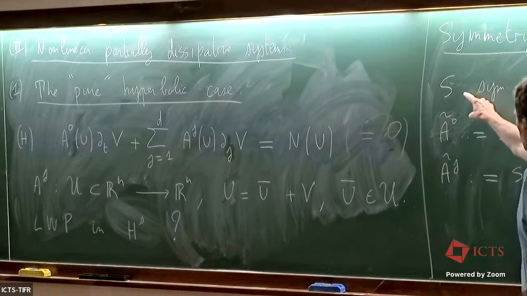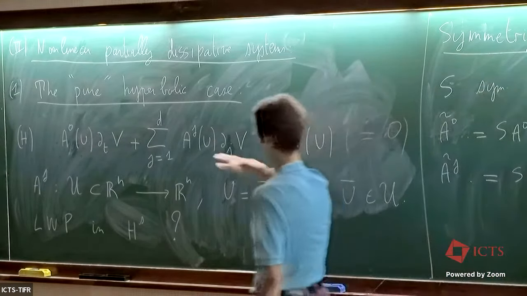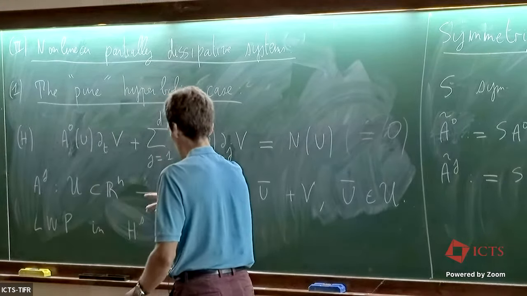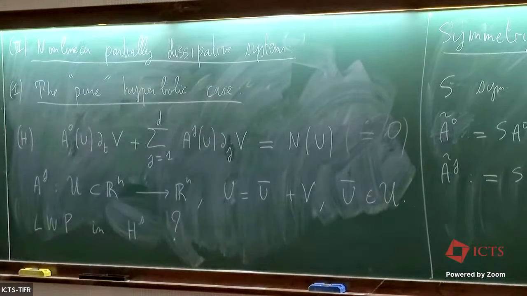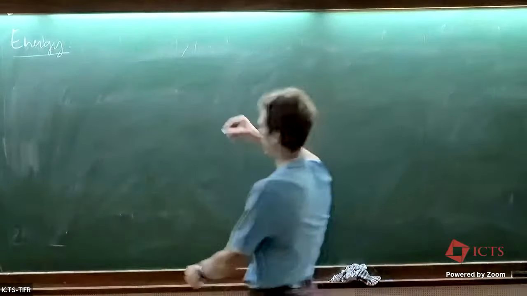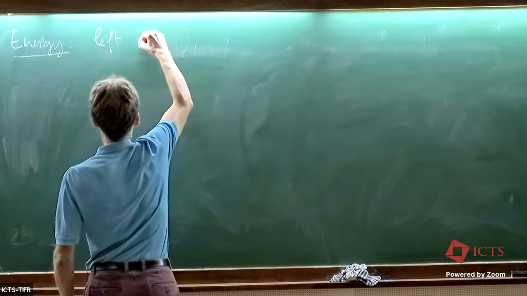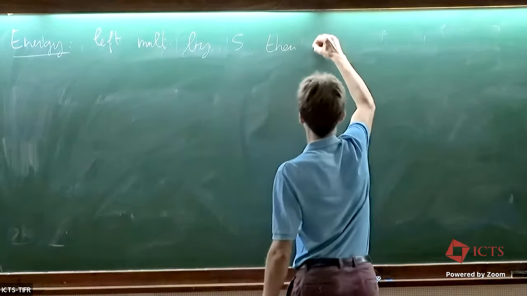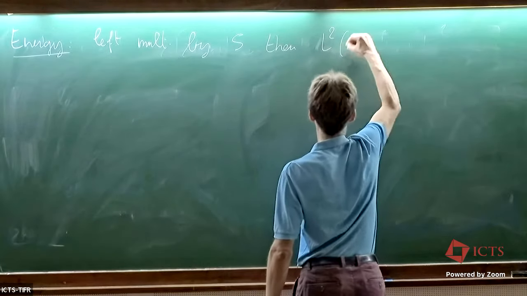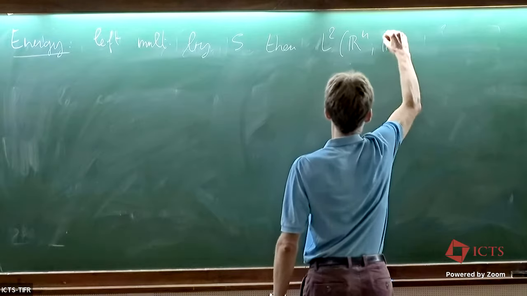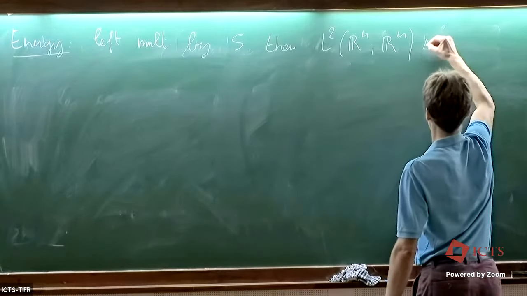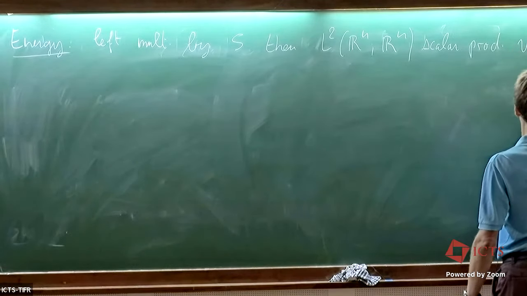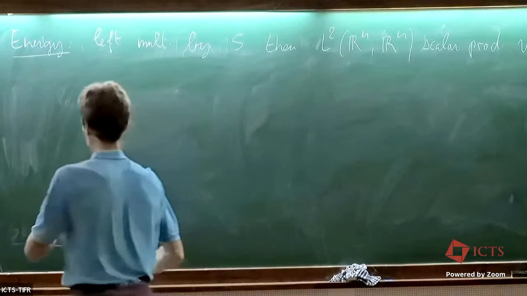There are several possible choices that give different results, depending on what you want to do. So I multiply on the left by S, so that I have only symmetric matrices. And then I take the L2 scalar product with V. So, left multiplied by S, then L2 scalar product with V. What does it give?